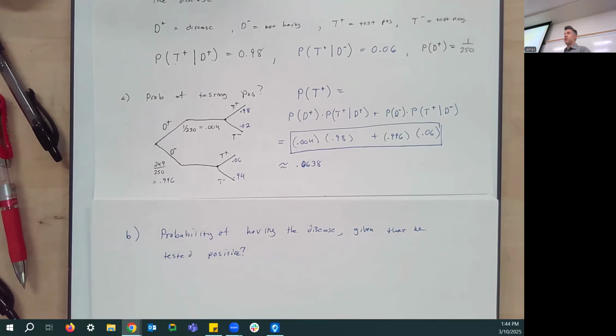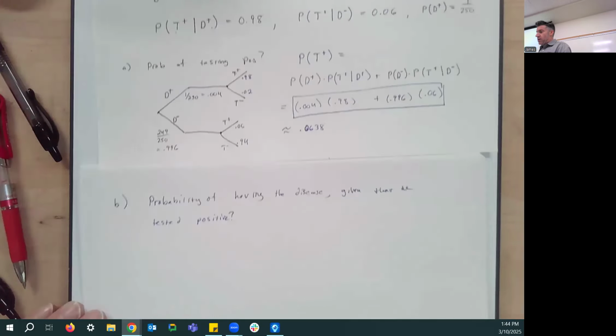Or in other words, if I test positive, how likely is it that I actually have the disease? Because that's actually what you want to know, right? If you're taking this test, you're taking this test because you don't know if you have this disease or not. And so you're saying, okay, well, I got a positive test. Do I actually have this disease? Should I test again? Well, let's find out.